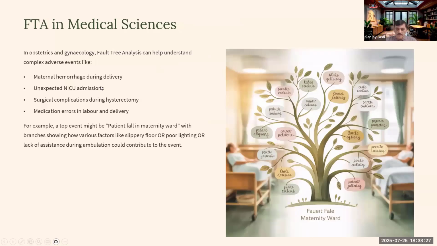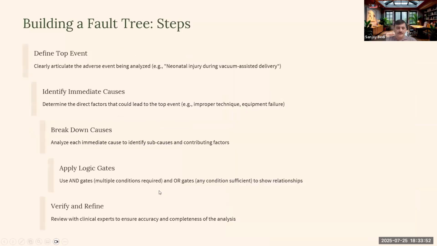Maternal hemorrhage during delivery, unexpected NICU admissions, surgical complications during hysterectomy, medical errors in labor and delivery, and we can create various other points. To create the tree, you create a top event and clearly articulate the adverse event being analyzed, and then you identify the immediate causes, for example, neonatal injury during vacuum assisted delivery.